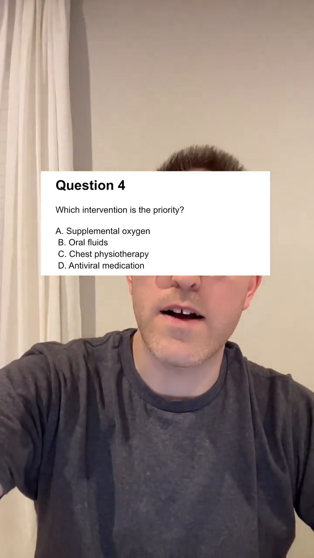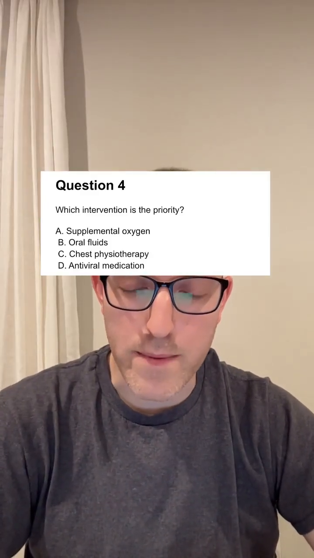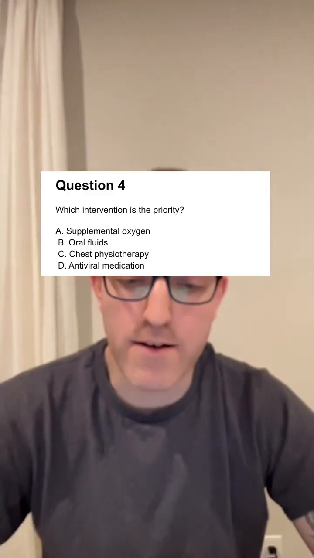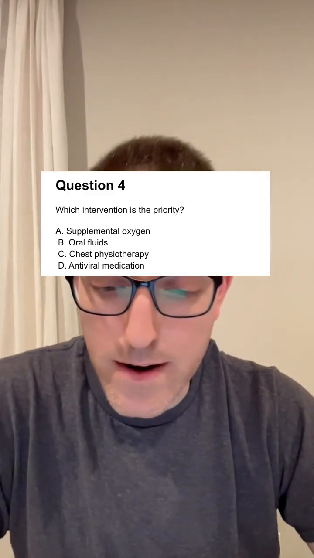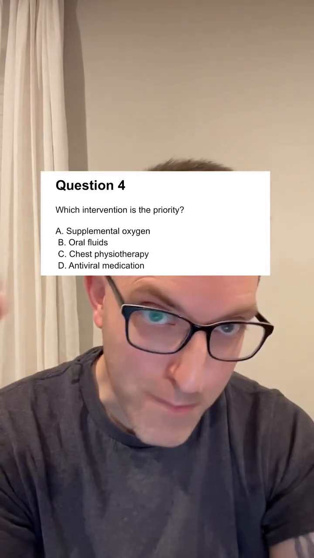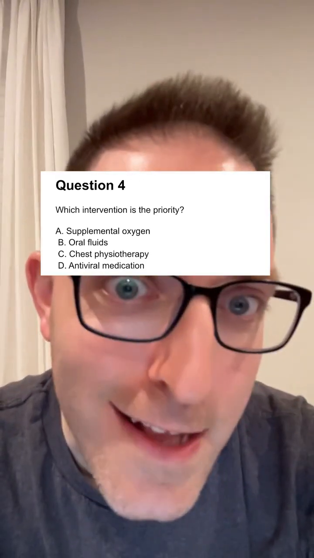So, which intervention is the priority for our baby? A, supplemental oxygen. Come on now. When I teach this, when oxygen is the problem, oxygen is the answer.